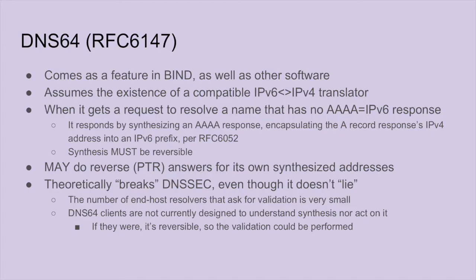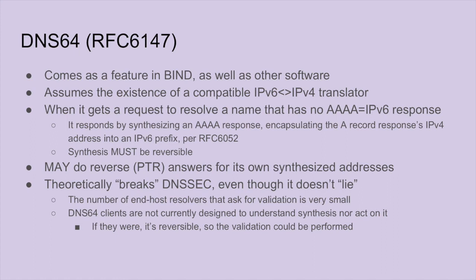Okay, so DNS64, RFC 6147, comes as a feature in BIND, as well as in other software: PowerDNS, OpenDNS, Microsoft Server DNS. It assumes the existence of a compatible IPv6 to IPv4 translator. It's described in an RFC discretely from NAT64, but they're generally joined at the hip.